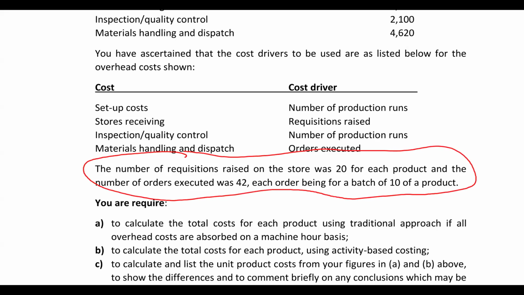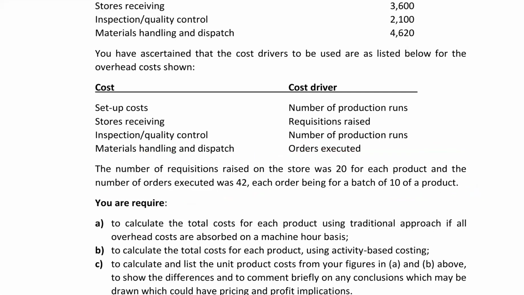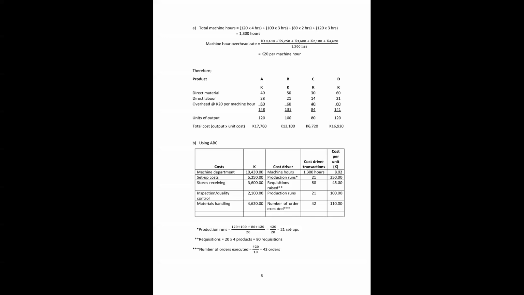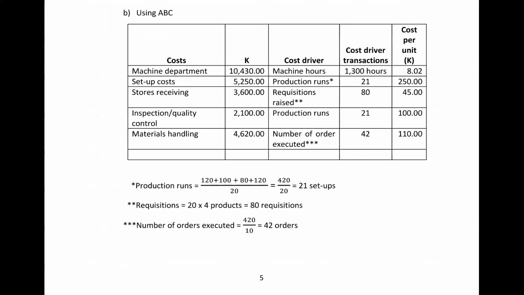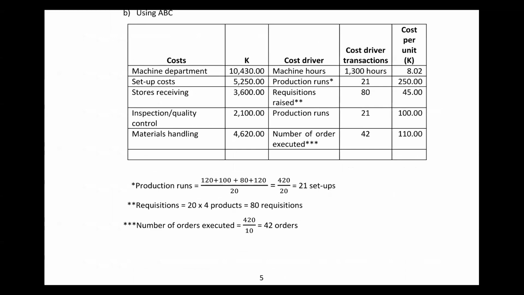For the number of orders executed, we are told that there were 42 in total, and they are in batches of 10 each. This is very important, and we will need this. See how we're using this. So that's how we found this 80 for the number of requisitions. For production runs, for quality, they have said you're using production runs as well, so they are still the same.